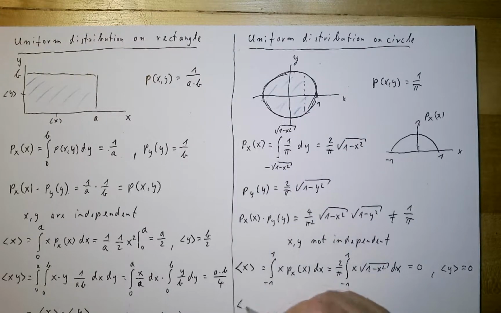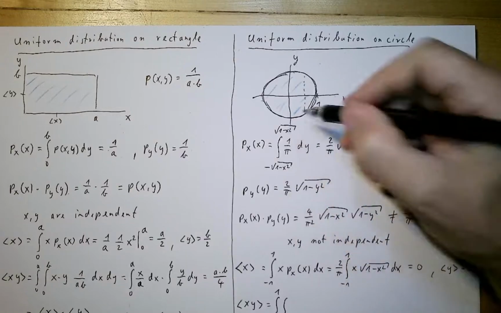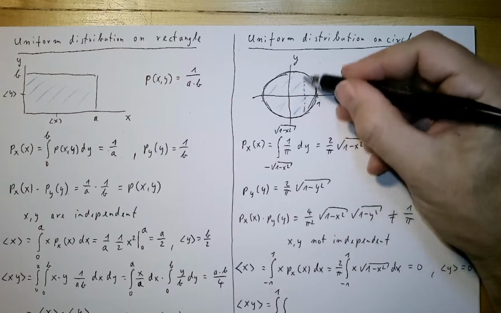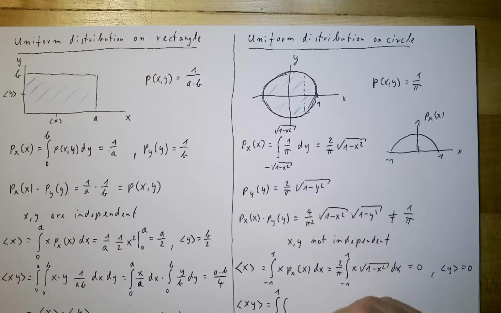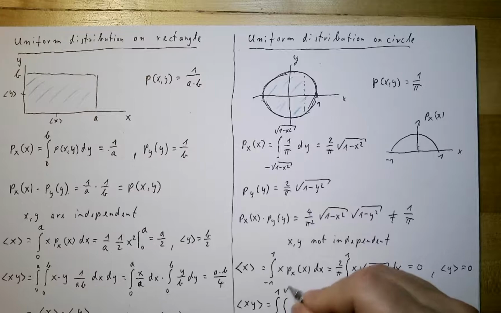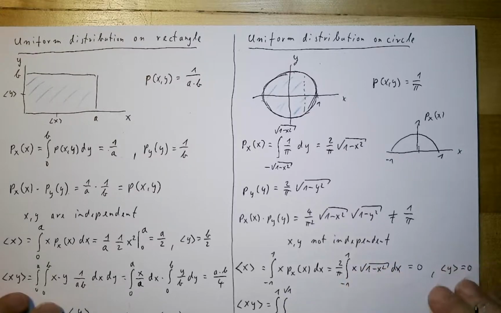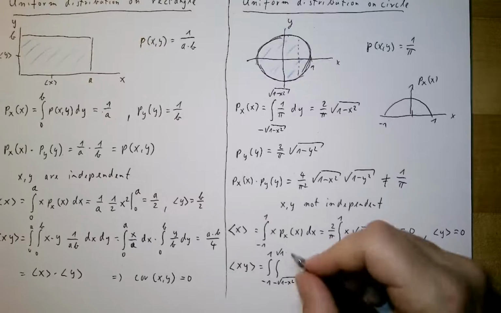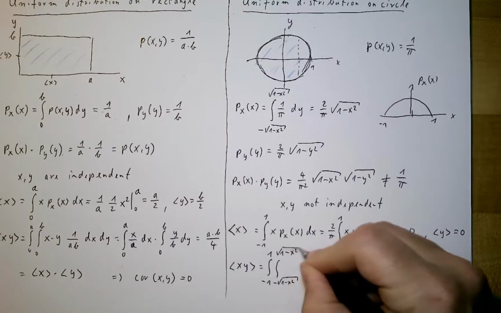Now let's see the expectation of x times y. We need to integrate x from minus 1 to 1, and now we integrate y. That's the same as we had here, but now we have to integrate y over a smaller range: from minus the square root of 1 minus x squared until plus the square root of 1 minus x squared.